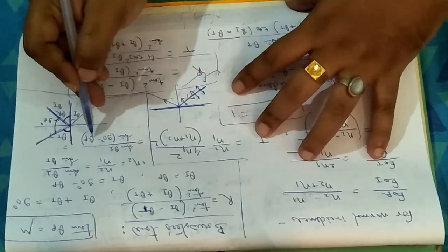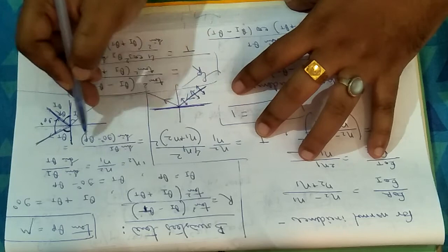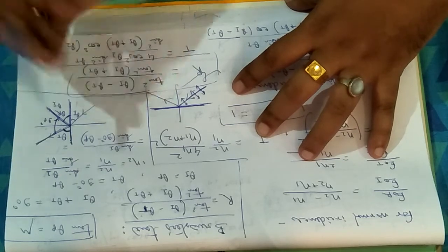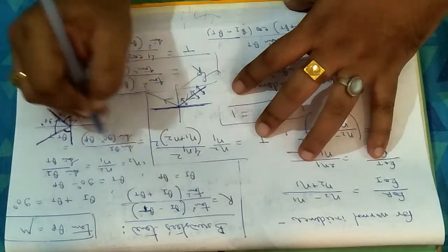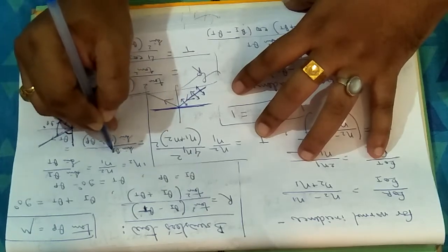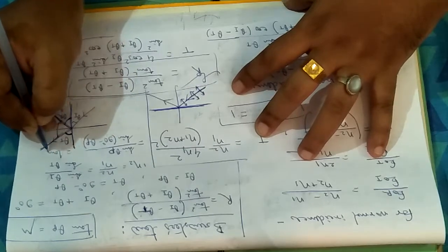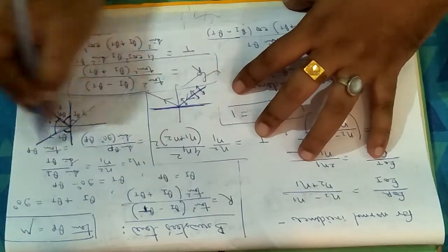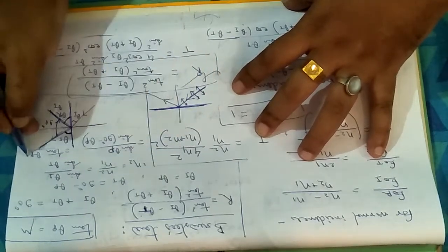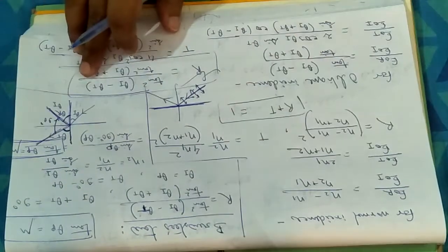So sine of 90 degrees minus theta p means cos theta p. Theta I and theta p both are equal, so instead of theta I you can now write theta p. So sine theta p by cos theta p will give you tan of theta p. Look, tan theta p equals mu. So this is nothing but Brewster's law.